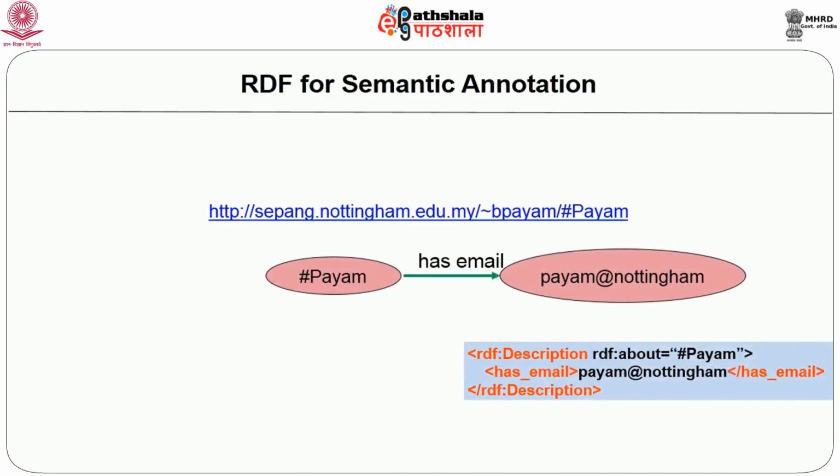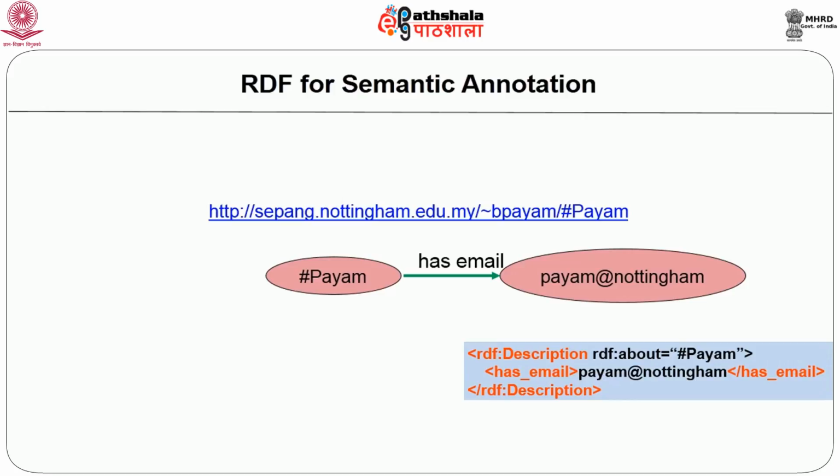Now here, look at this. I have a URI there. This person has an email. So has email is a relation, and this is a very simple thing. The name of the person has an email, which is his name at something. I have taken a common example from the web. Now how to describe this?